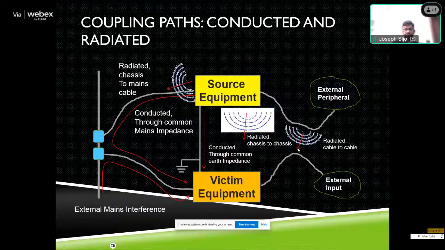This is an external input, so this cable's signals may also be affected. If it is a signal cable and this is a power cable, there will be some distortion or data loss in the signal cable, so we may not get the exact result we expect from the external input or output.